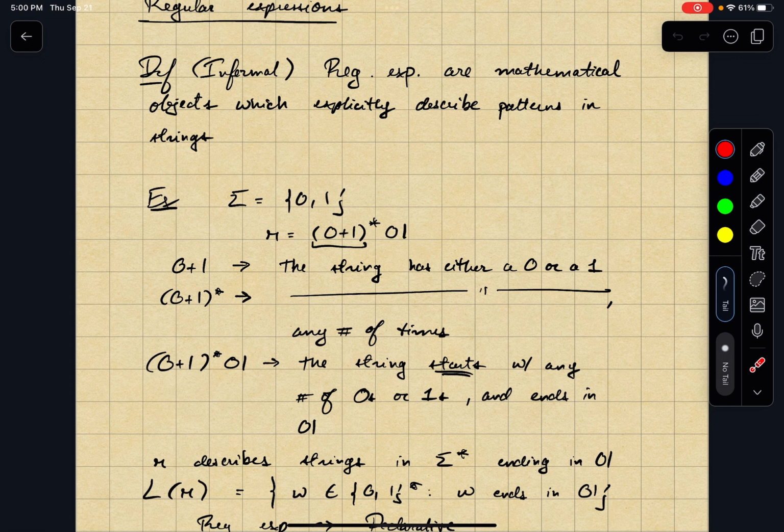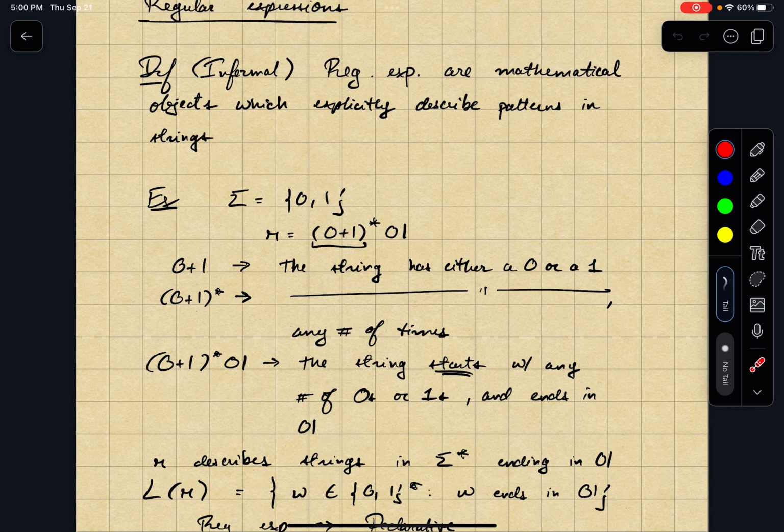Okay. And then lastly, what happens when I add this 0 or 1 to this (0 or 1) whole star? Well, it's saying that the string must now start with any number of zeros and ones. So that means that at every position, it's either 0 or a 1. But at the very end, it has to match this pattern 0 or 1. And what this pattern is matching is strings that end with 0 or 1 exactly.